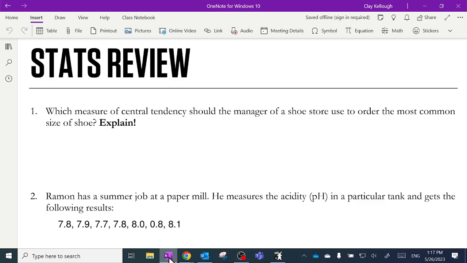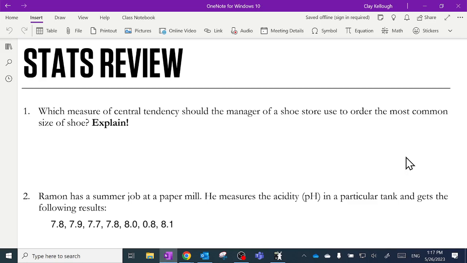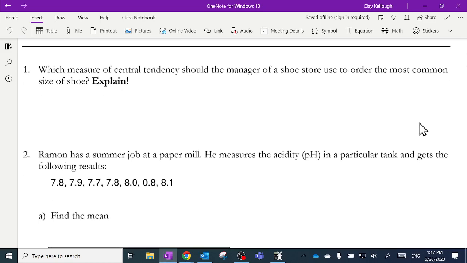So, first question, which measure of central tendency should the manager of a shoe store use to order the most common size of shoe? Well, if the shoe store were to add up all of the sizes, so somebody buys a size 7, then somebody buys an 8, then an 8.5, etc., and divide by the number of shoes sold, you might get 9.3 or 8.7.